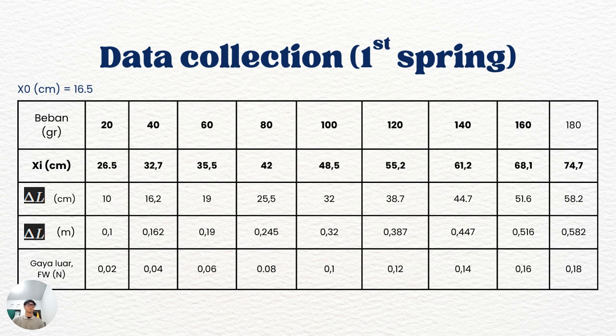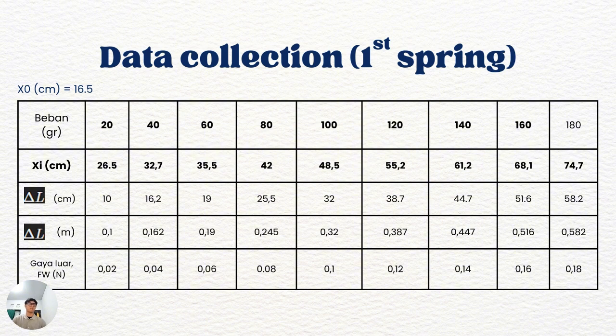Now, this is our first spring data collection, which has the length of 16.5 centimeters. You can see the weight, 20 grams, 40 grams, 60 grams, gets heavier until the last 180 grams, and with every weight slotted, it gets more stretched and the length gets higher.